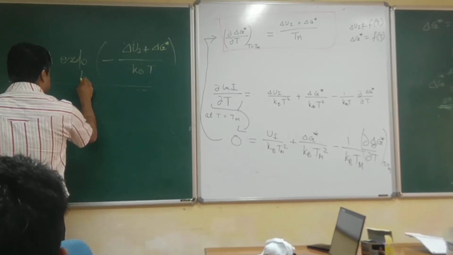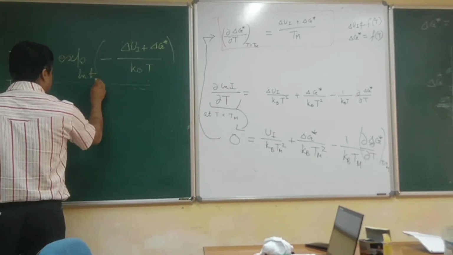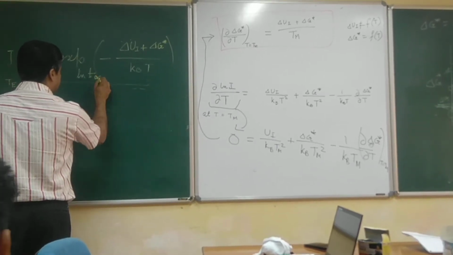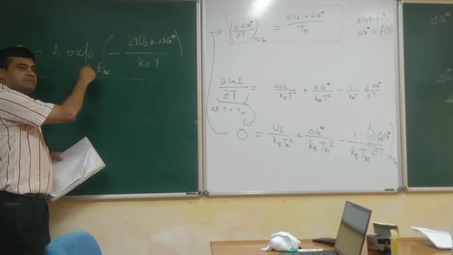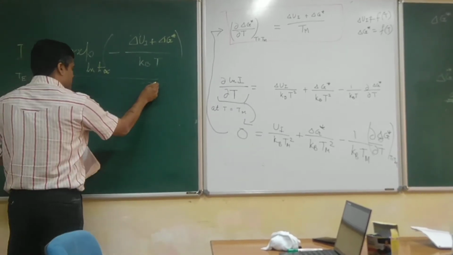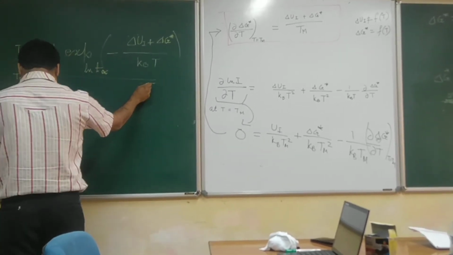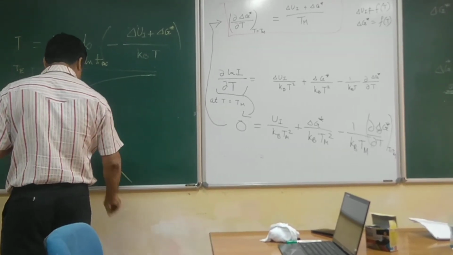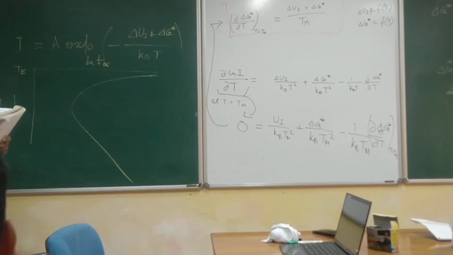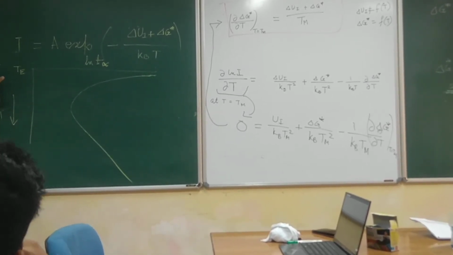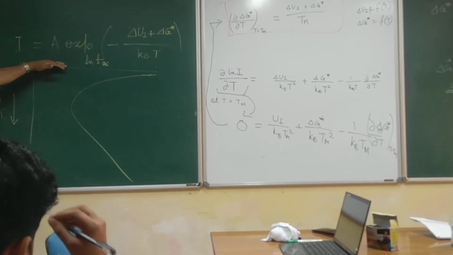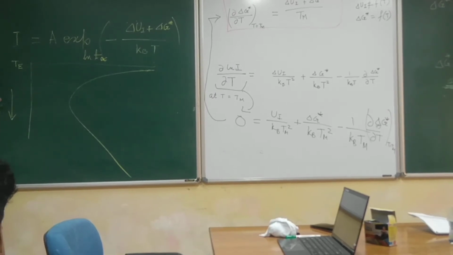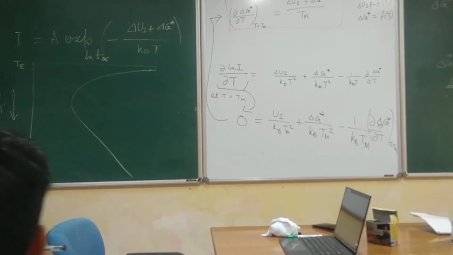And your x-axis is say ln t alpha, the time for a particular fraction transform, in log time. The C curve of T versus ln t will look like this in the 1 by T versus ln t plot.